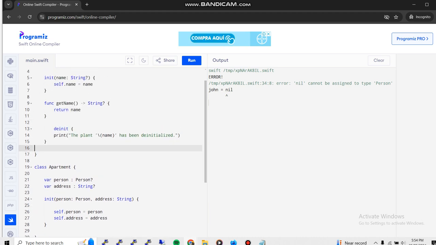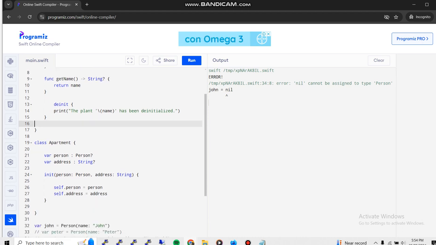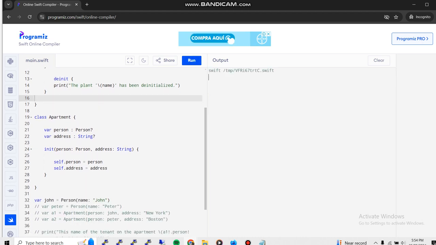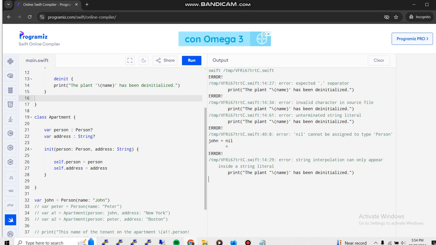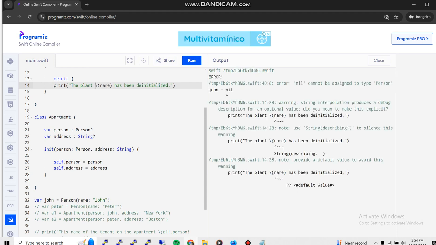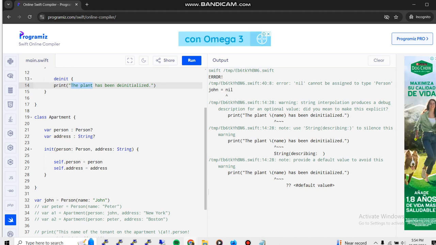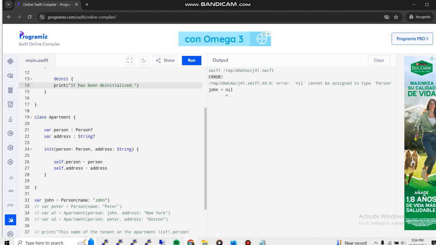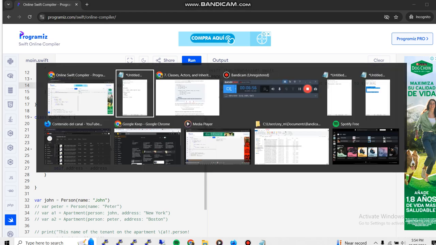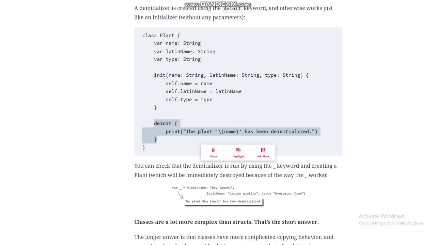Just to check very quickly what could be wrong here. We will talk about this topic later. It was cannot be assigned. Later we will explain, but that's the point.